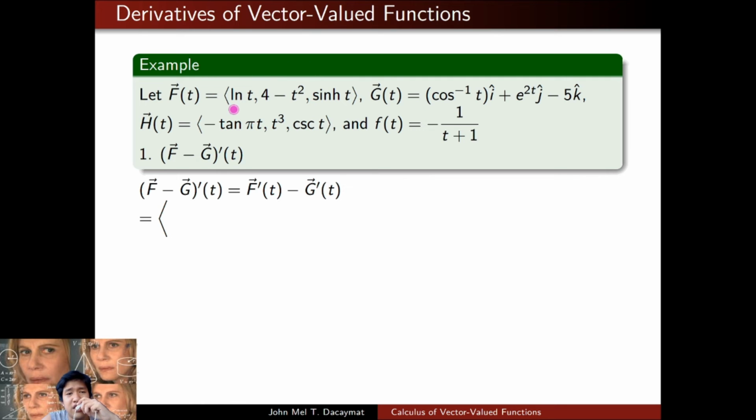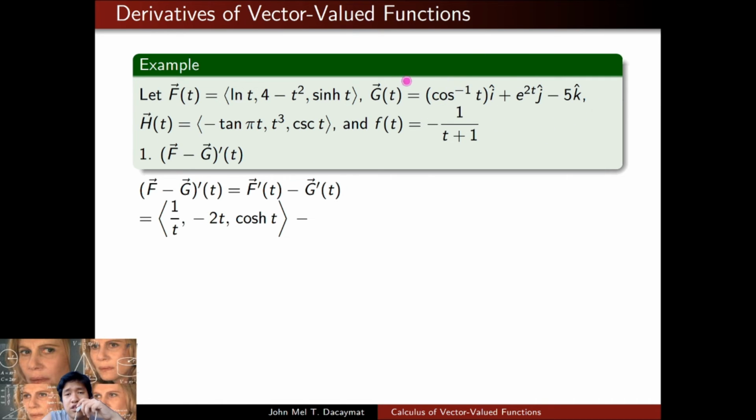For the derivative of F, when you compute the first component, ln t becomes 1 over t. 4 minus t squared becomes negative 2t, and the derivative of sinh t is cosh t. So this whole thing is your F prime. This is your G prime.